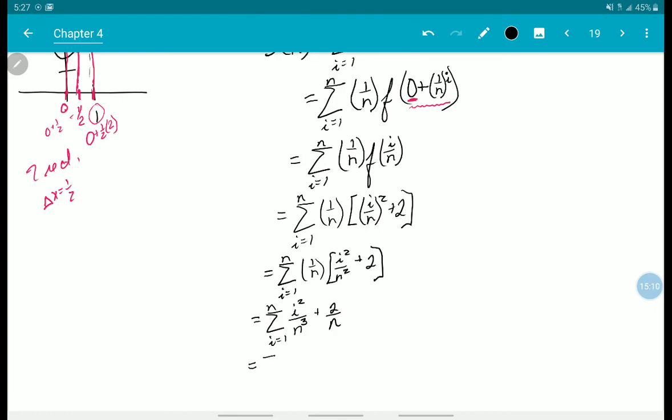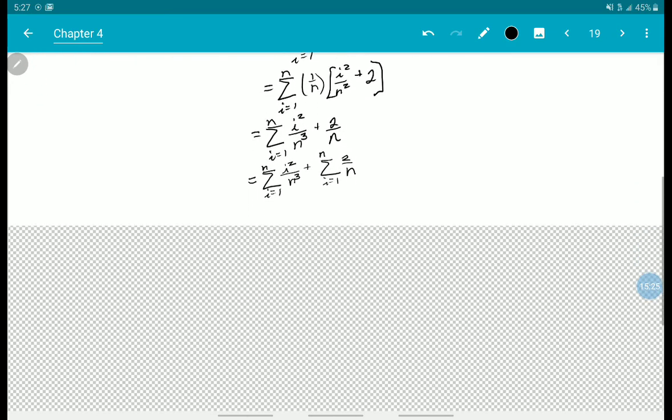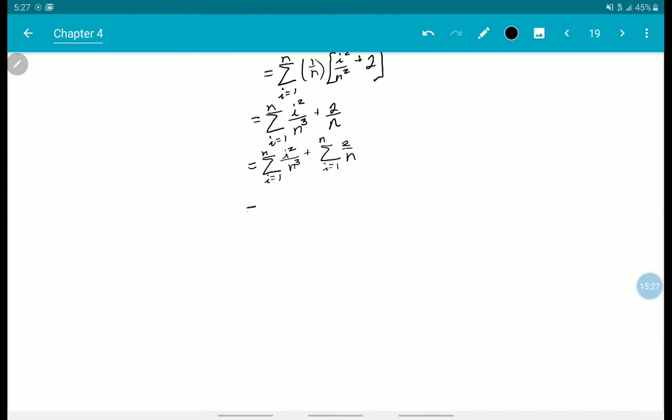So then I'm going to split the sum apart. I think it makes it easier to think about it. So keep in mind, this is really an understood 1 in the top over n cubed.